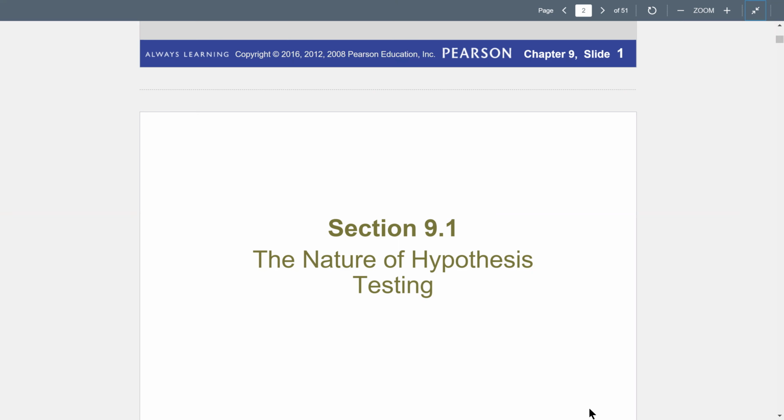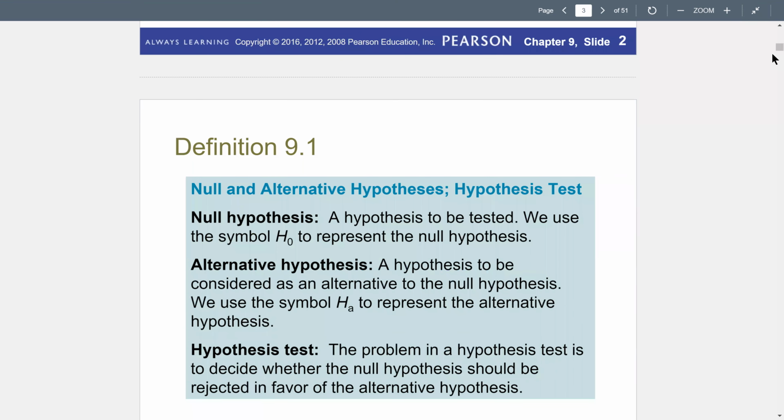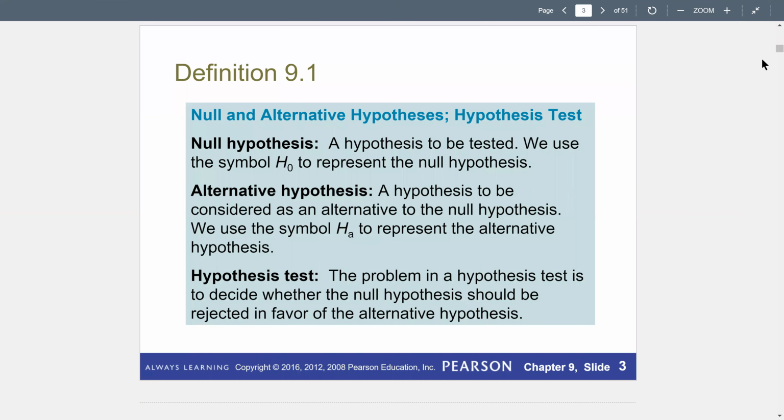Now let's come to the hypothesis testing. Let's see what's the nature of hypothesis testing. When conducting a hypothesis test, our interest is to test something that is to conclude the alternative hypothesis.